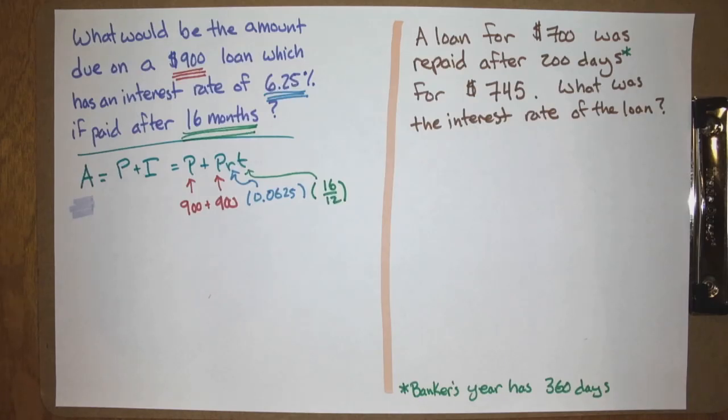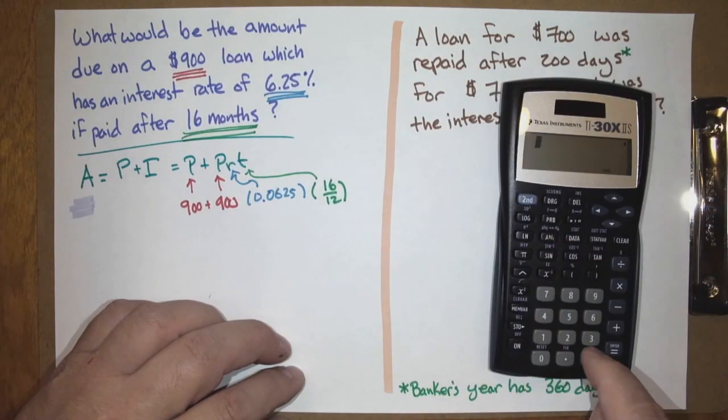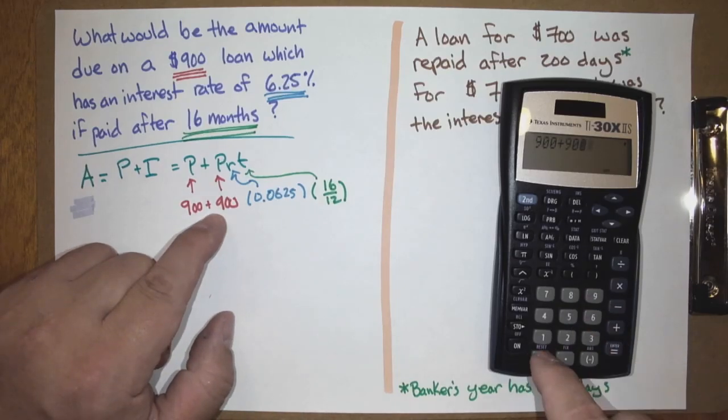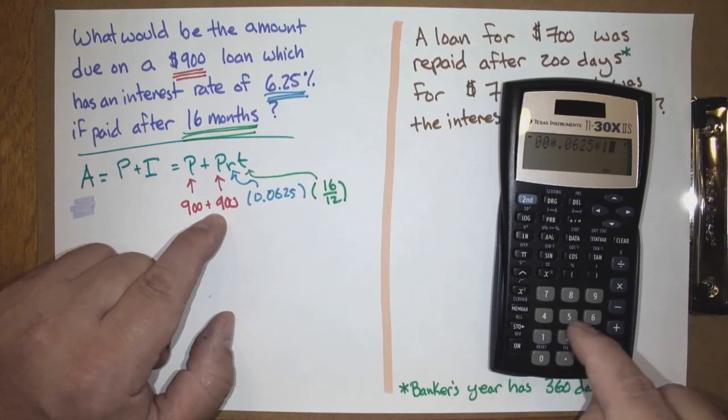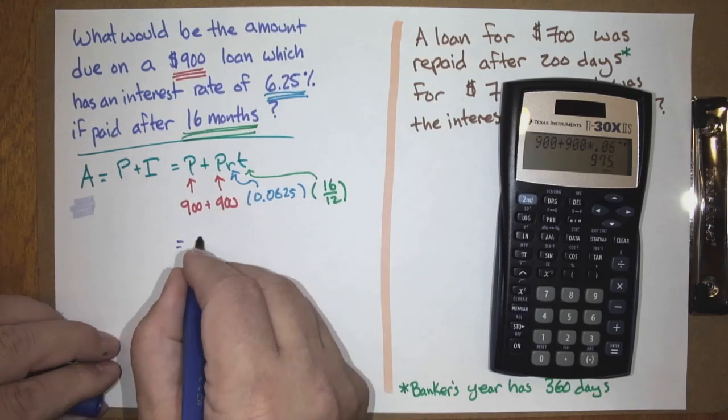And so now what do we do? Well, we pull out a calculator and we just start typing stuff in. So we have 900 plus 900 times 0.0625 times 16 divided by 12, and we get a nice number, $975.